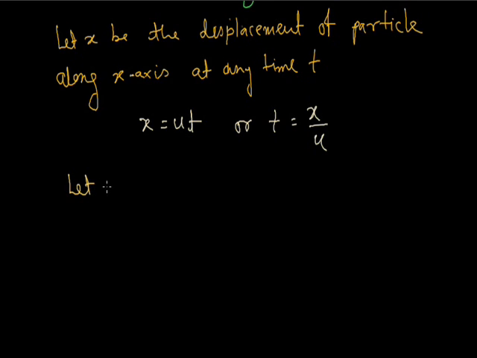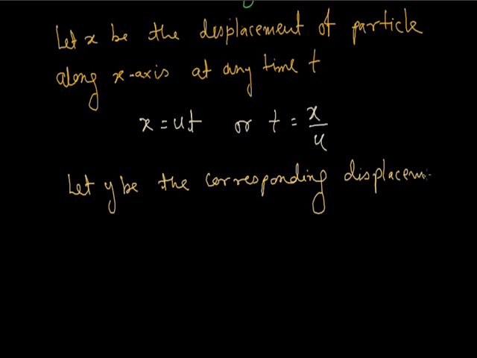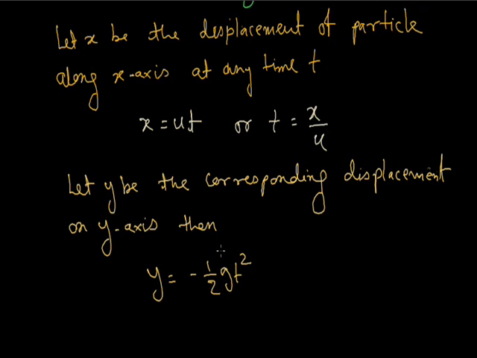Let y be the corresponding displacement on the y-axis. Then y equals minus half g t square, as the velocity component in the y direction is 0 because u cos 90 is 0.